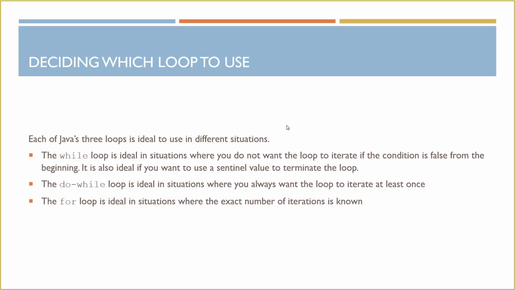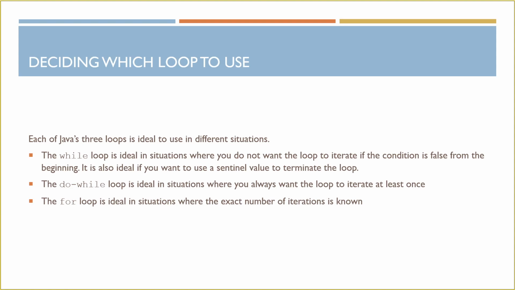The last thing I want to discuss is deciding on which loop you should use in which situation. Each one of Java's loops, the while, do while, or the for loop, is equally useful depending on what kind of situation you're in. So the while loop is best for input validation, and if you don't want the loop to iterate at all if the condition is false from the beginning, right?